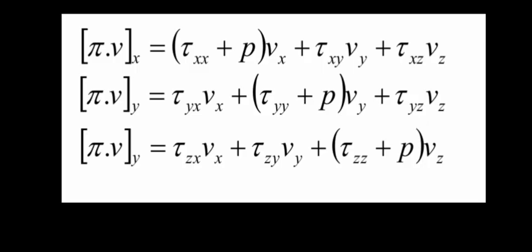Now we'll look at the contribution of energy flux in the x direction due to this work. It can be denoted as tau xx into Vx plus tau yx into Vy plus tau zx into Vz. Similarly, for surfaces perpendicular to y and z, we have analogous terms involving the corresponding stress components and velocity components.